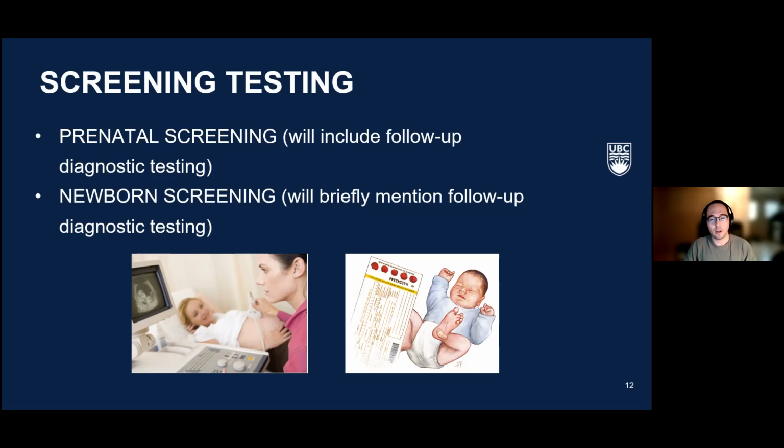However, I will talk about BRCA1 and BRCA2 later on in the talk, which is a genetic mutation that does lead to higher instances of breast and ovarian cancer. And I'll talk about that a little bit more later.